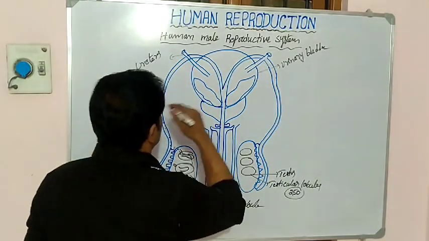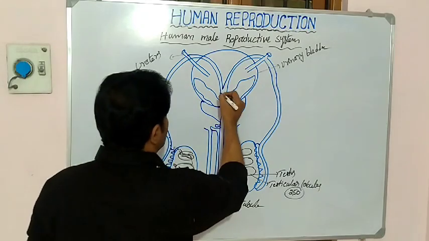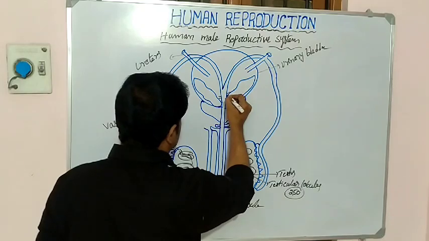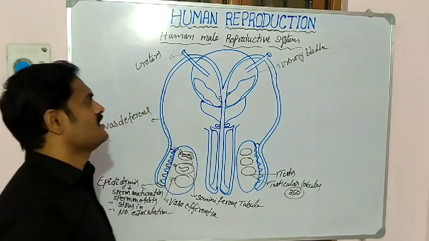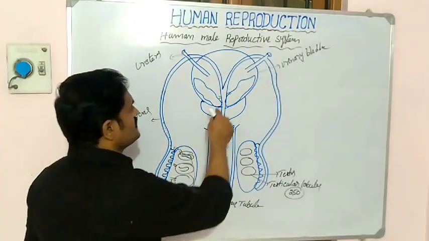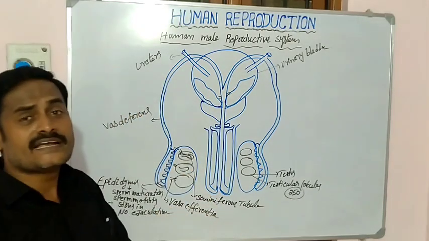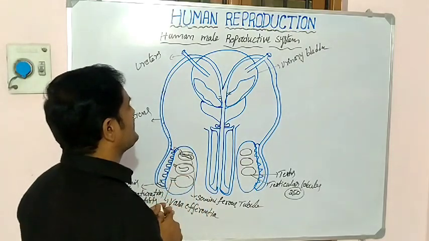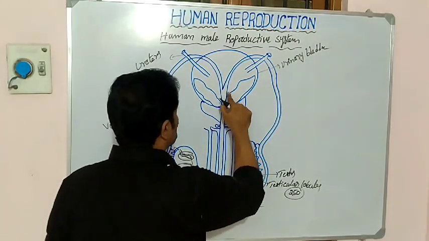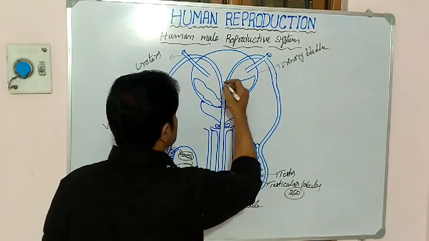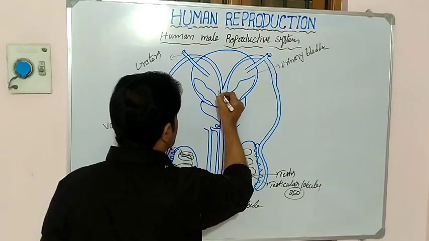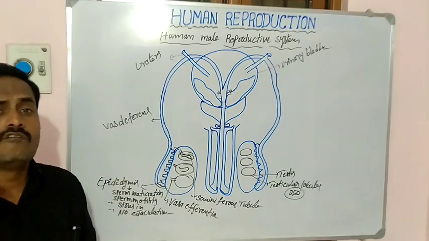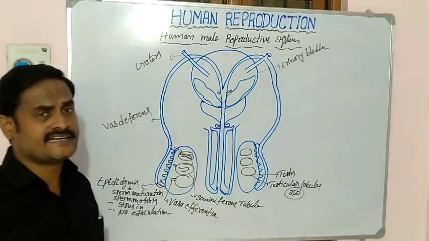Then here, one tube-like arrangement is also present. See, here the ejaculatory duct is present. Both vas deferens open into one duct-like arrangement here. This duct-like arrangement is called the ejaculatory ducts.